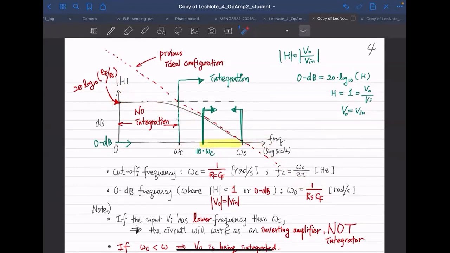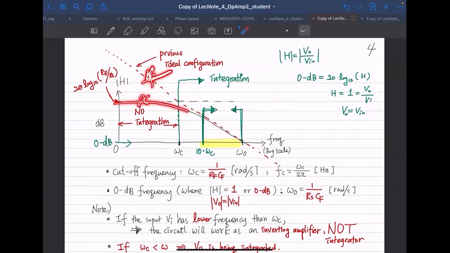However, by utilizing this practical circuit, it solves the problem in the low frequency range at the expense of that range. Visually you can see this is the ideal response of an integrator and this is the practical response. They are different, right?